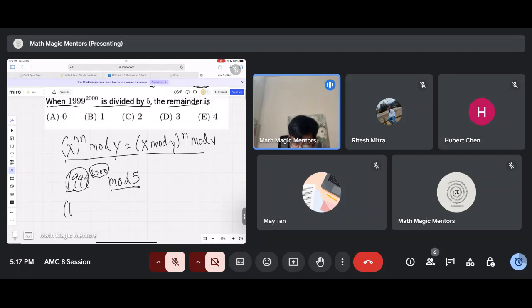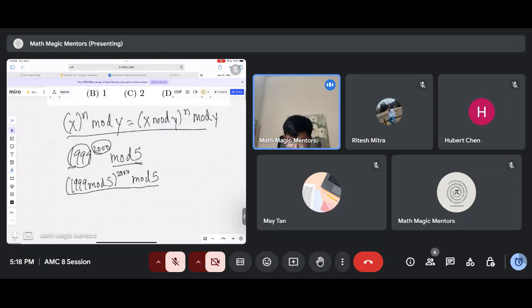Let's see, 1999 mod 5 to the 2000 mod 5. Well, let's try to find that out, because I'm sure dealing with 1999 to the 2000 mod 5 is going to be very long, and usually the time's not worth it in the AMC. But this method allows us to make the problem much easier, right?